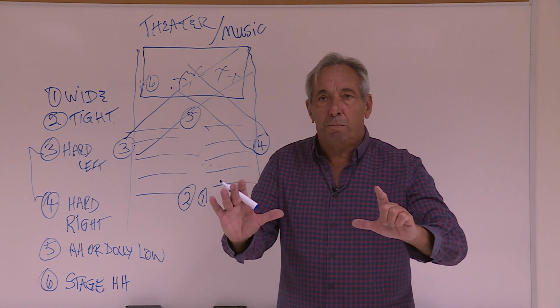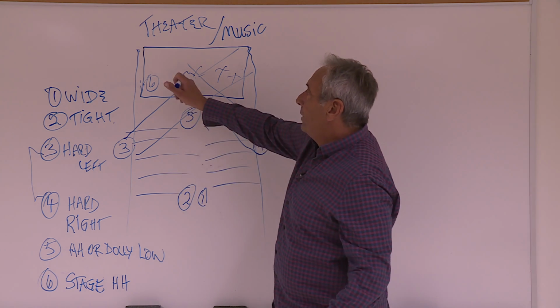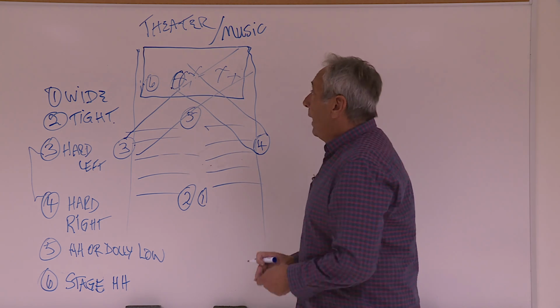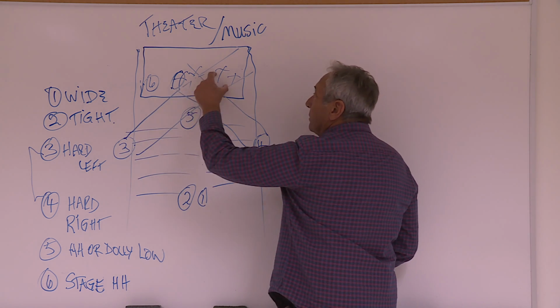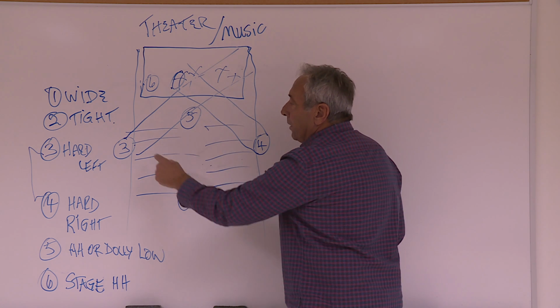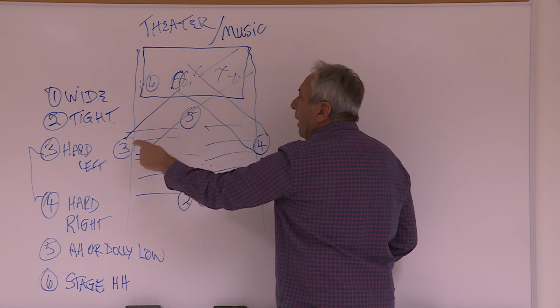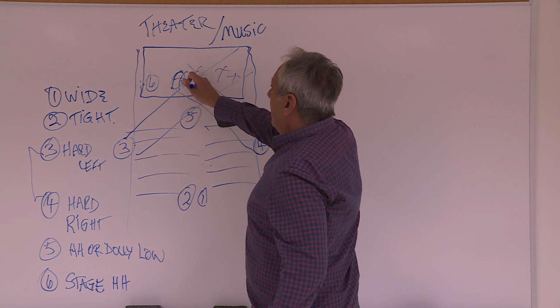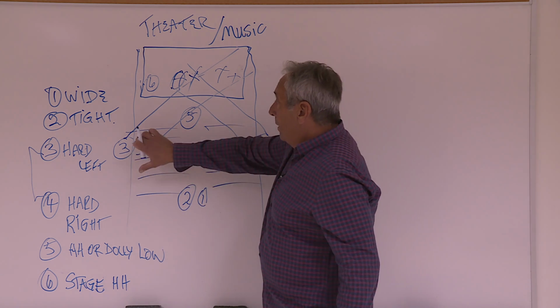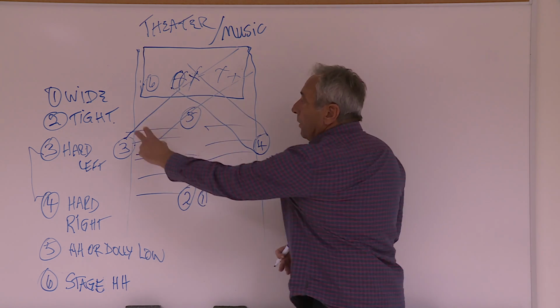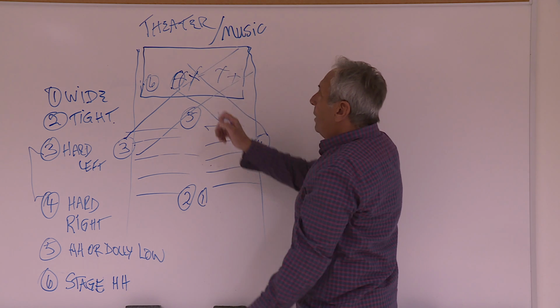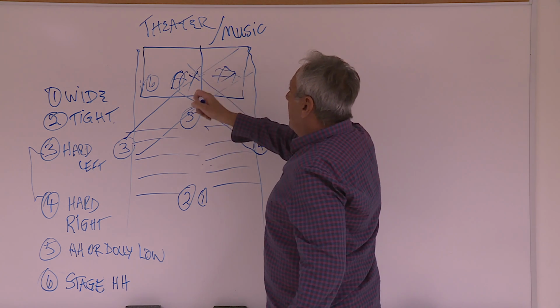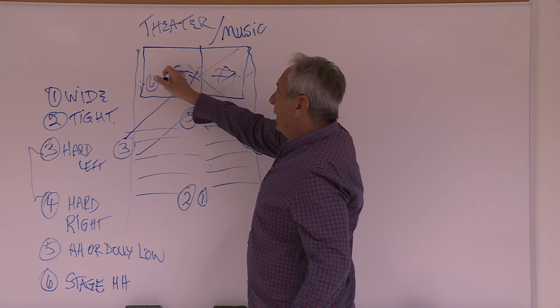Nice, easy zoom. Get right in on this person right here, okay? And similarly, 3 can do the same thing, right? I wouldn't suggest 3 go here if there's a second person here, because it'll be too tight, right? So 3 should really be concentrating on this half of the stage, and 4 should be concentrating on this half of the stage.